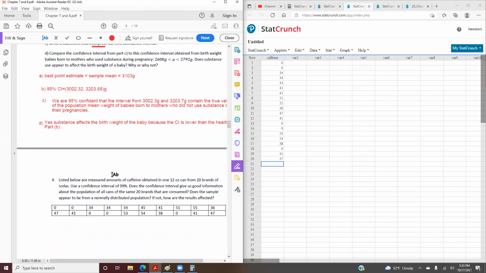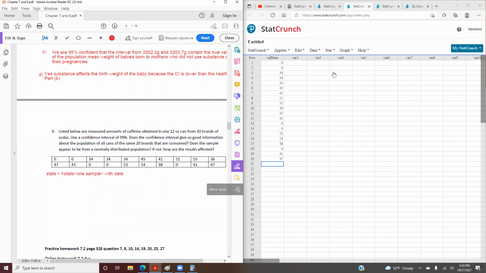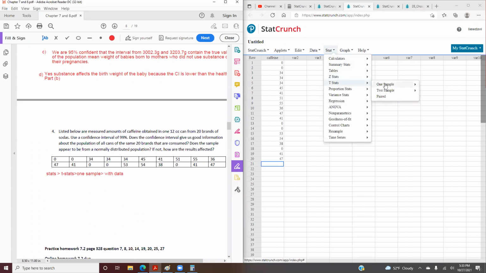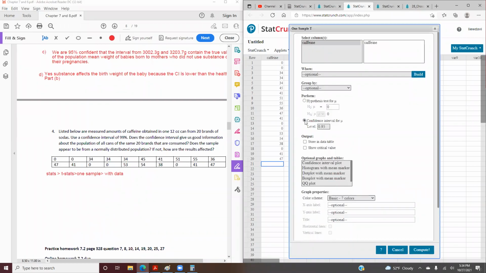So you go to Stats, T-Stats, 1 sample with data. And the data we have is caffeine. We do the confidence interval and we are doing 99%, so it's 0.99 here.